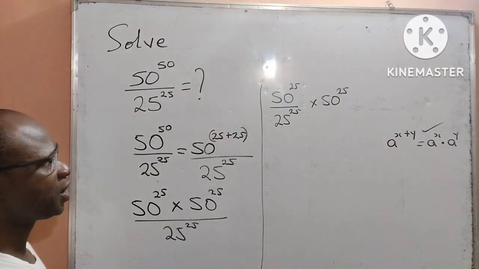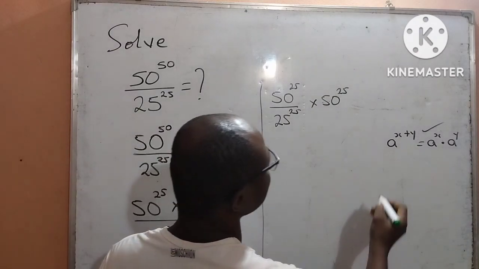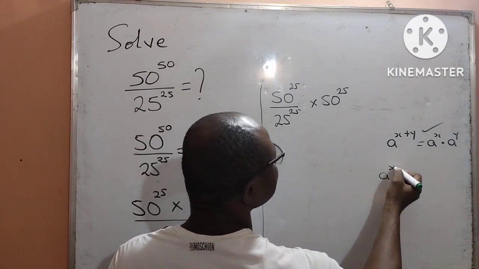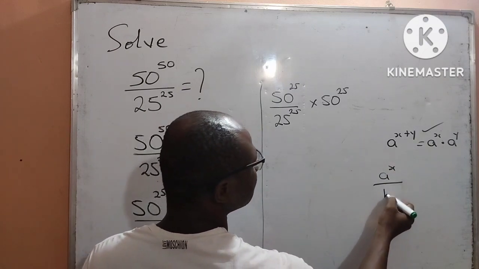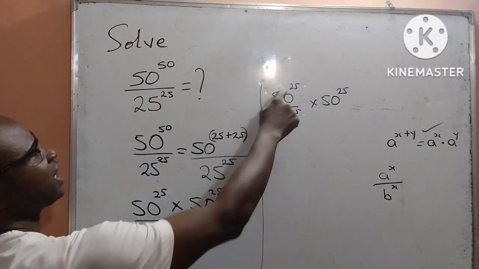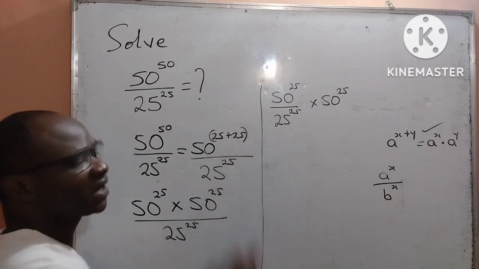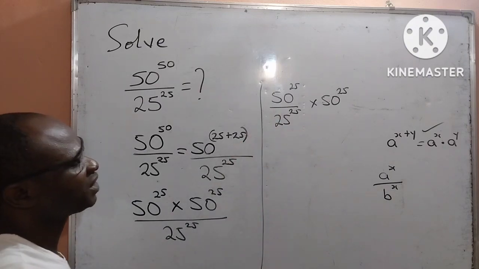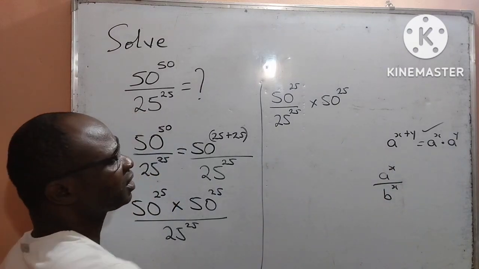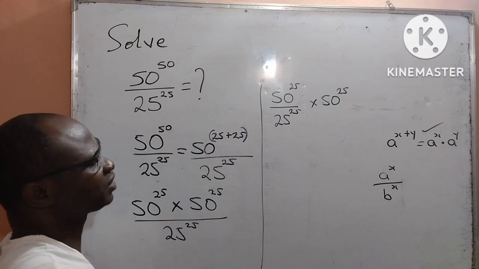At this point, I want to bring up this law of indices that says if I have a to the power of x all over b to the power of x. Very good. You see, I have power 25 at the numerator, and I also have power 25 at the denominator. That means I have a to the power of x at the numerator, and I have b to the power of x at the denominator.